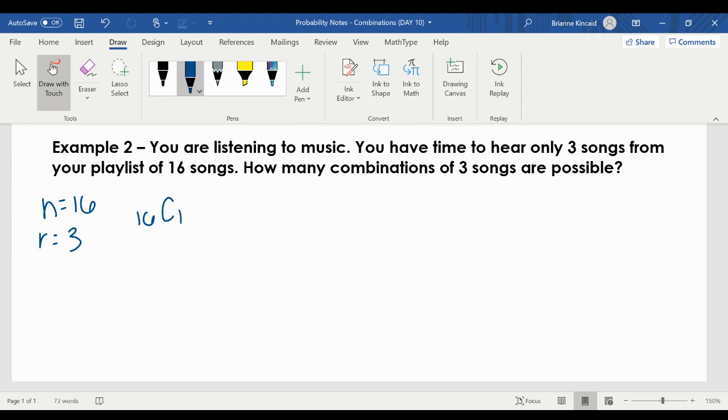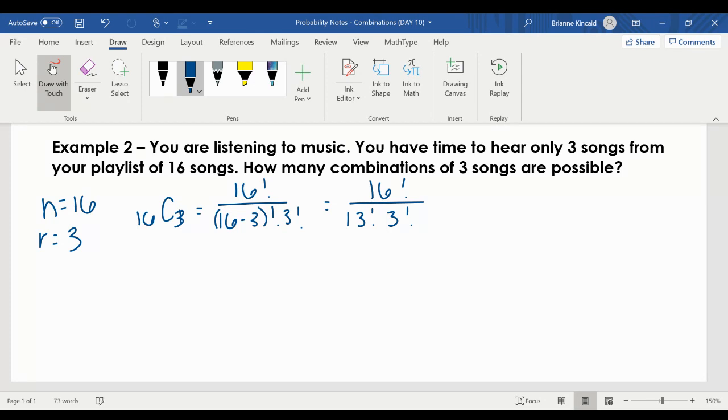That's 16 combination 3, which is 16 factorial over 16 minus 3 factorial times 3 factorial. Or 16 minus 3 is going to give us 13 factorial. And then we still have the 3 factorial.